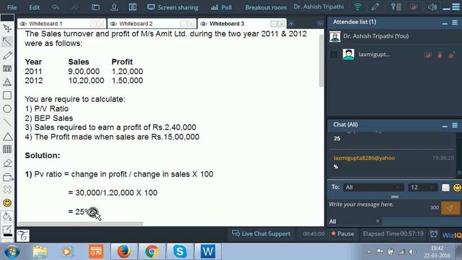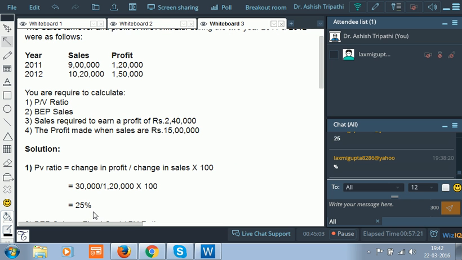If contribution is 25%, that means variable cost will be how much percent? Yes, 75%. Now you're correct. PV ratio 25% means variable cost will be 75%.